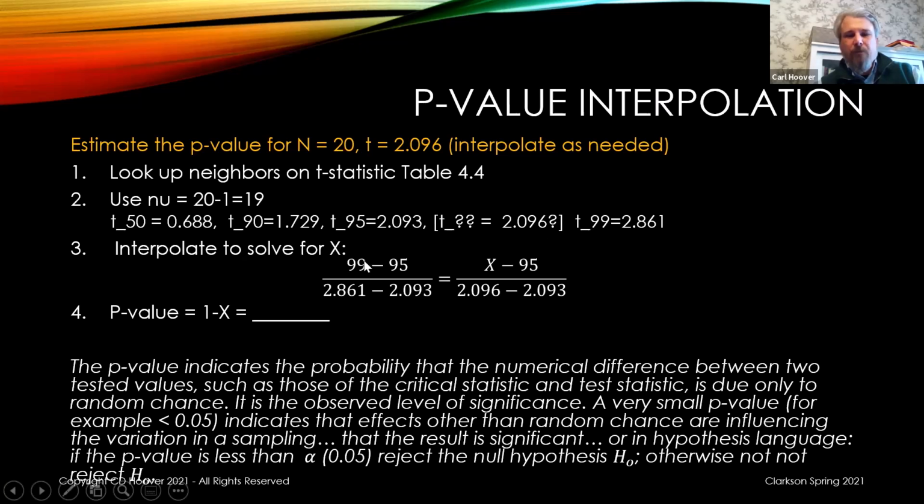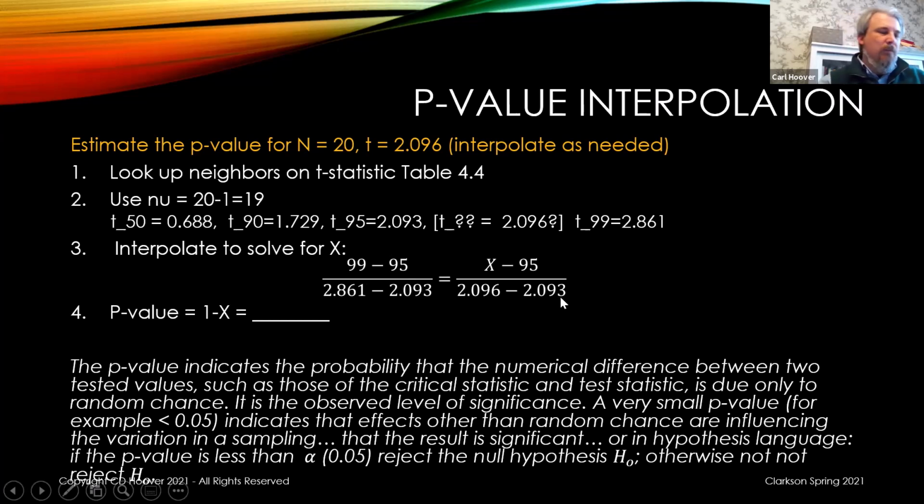So we just use an interpolation, where interpolating just involves taking the difference between the known values, 99 minus 95 for the probability, and 2.861 and 2.093 for the t, and considering that equal to the value that we're trying to find, x minus 95, over the t that we have, 2.096 minus 2.093.